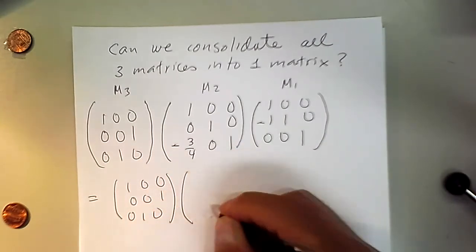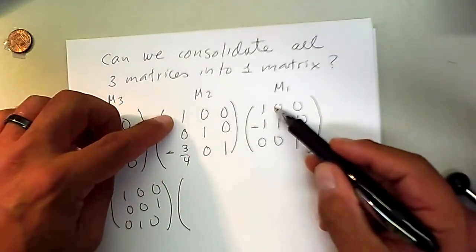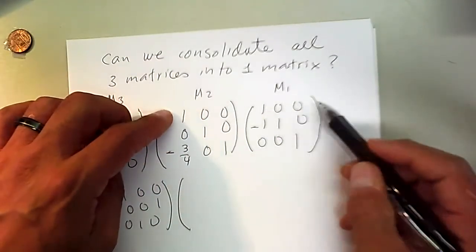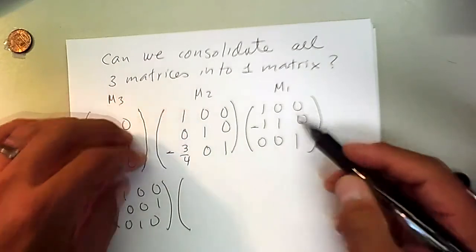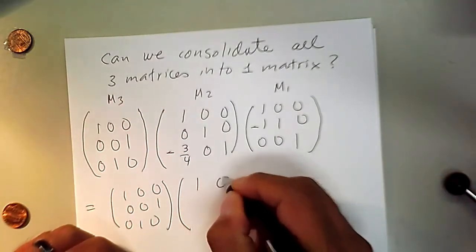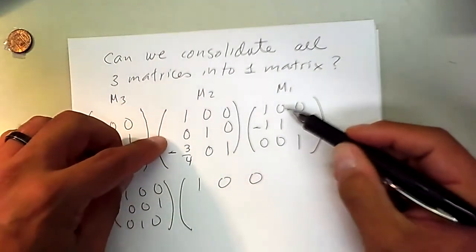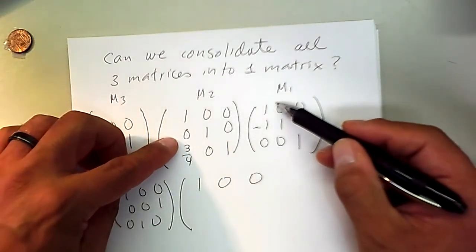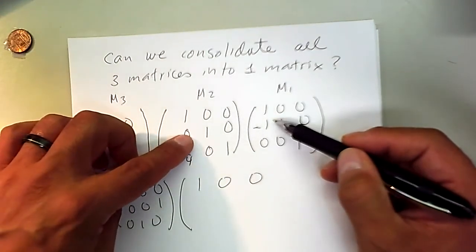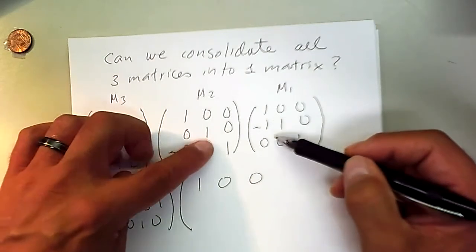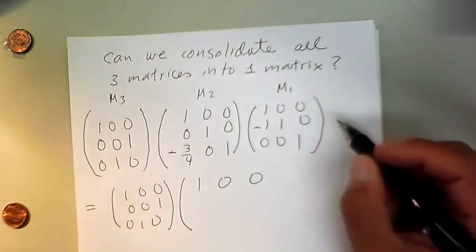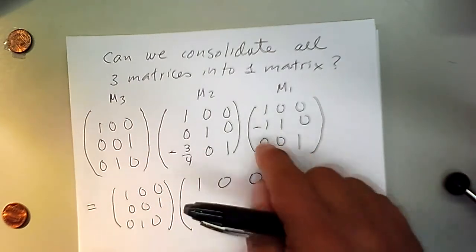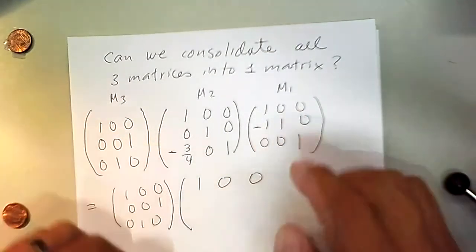And then we're going to multiply here. So 1, that just picks the first row. So the first row will be 1, 0, 0. The second one, let's see, 1, negative 1. So that just picks the second row. Okay. So the second row is negative 1, 1, 0.